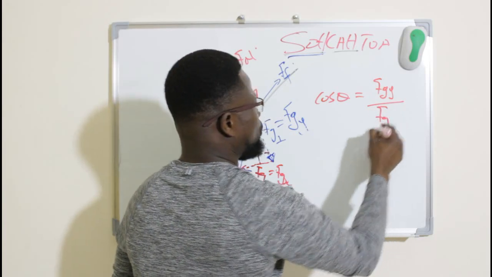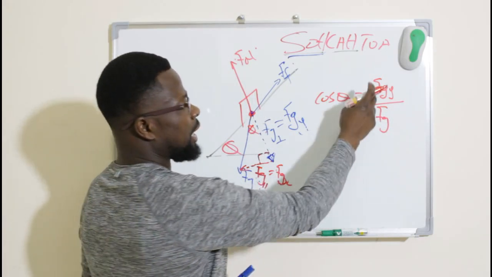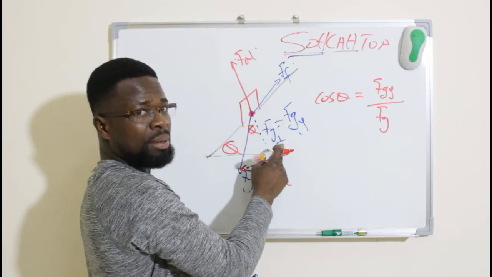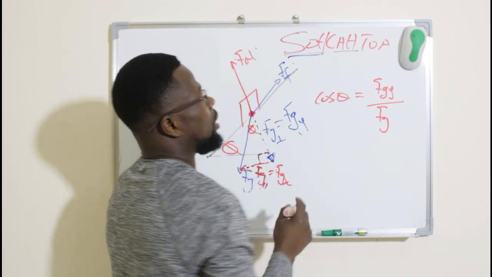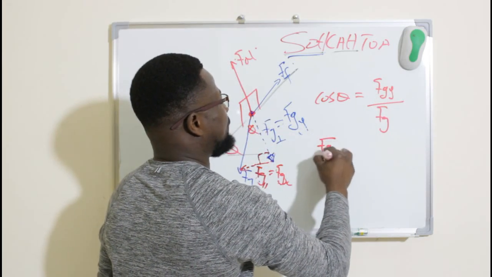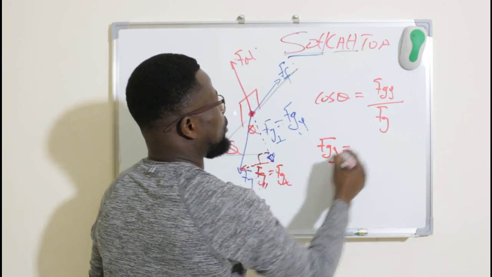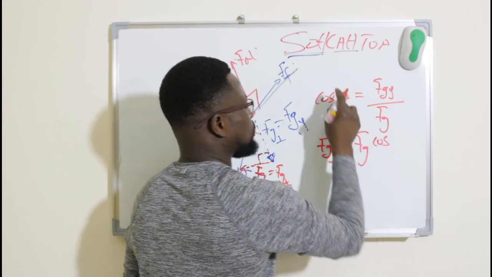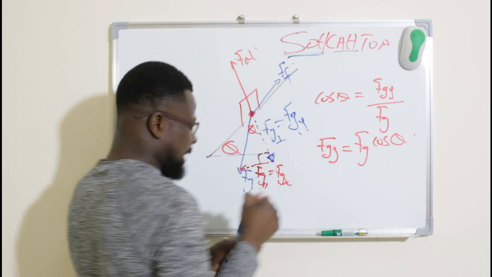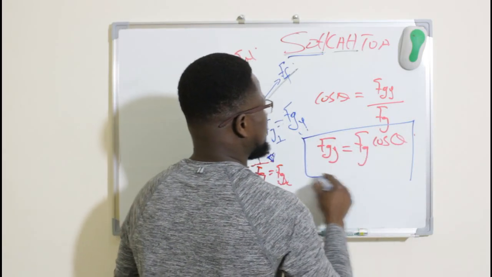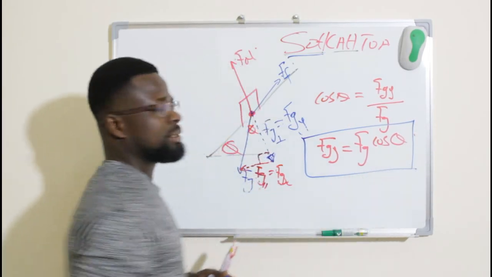As I said to you, I will be making use of FGY. It is the same as FG perpendicular. Please take note of that. Once I do that, then it simply implies that my FGY is now equal to FG cos theta. And this is the formula for finding the perpendicular component of the weight.